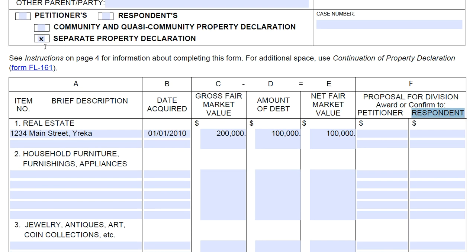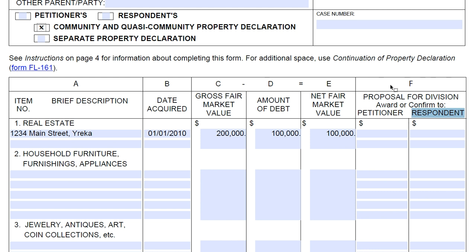If you are filling out this form for community property, the goal of California community property law is to divide assets evenly, or to divide the entire community estate evenly, which means that maybe the petitioner is going to get all of one thing and the respondent is going to get all of something else, and when you add those two together it comes out about even. But let's just stick to the house for now.